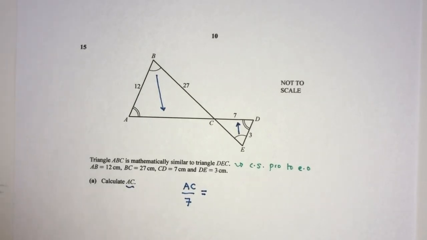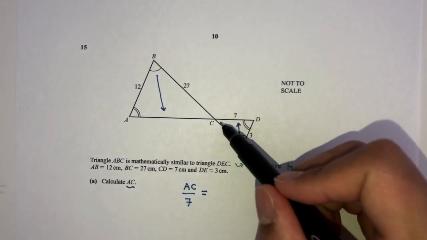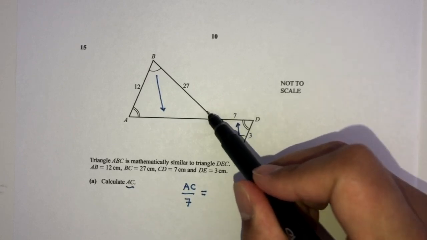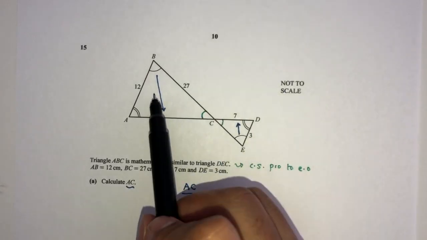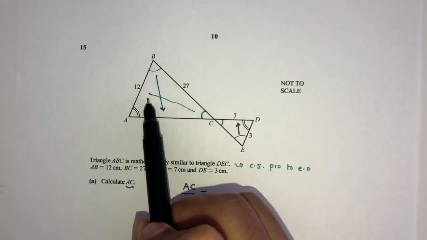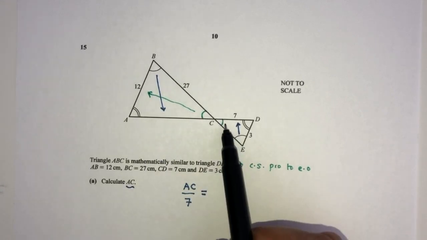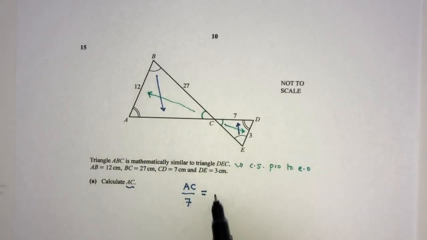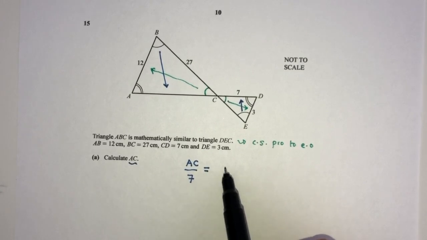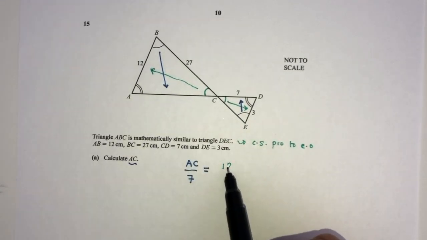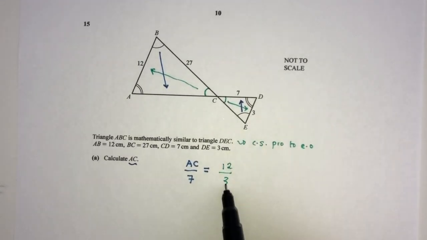Let's use the other one. We do understand that this angle here is the same as this one. So this side should correspond to this one. So we can form this fraction here: AC over 7 is equal to 12 over 3.